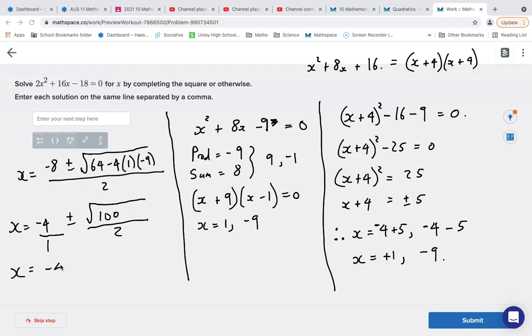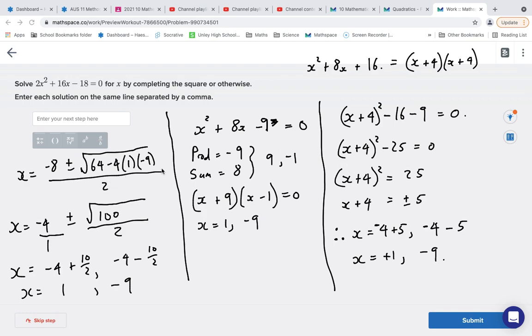So I end up with minus 4 plus 10 on 2, or minus 4 minus 10 on 2. The 10 on 2 is obviously a 5, so I'm getting minus 4 plus 5, which is a 1, or I'm getting minus 4 minus 5, which is a minus 9.